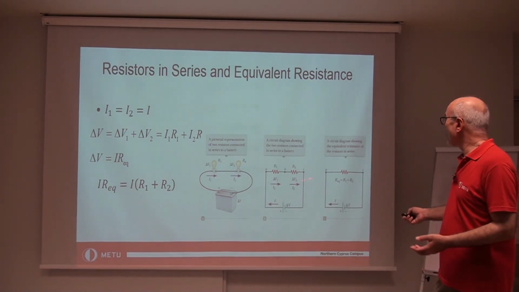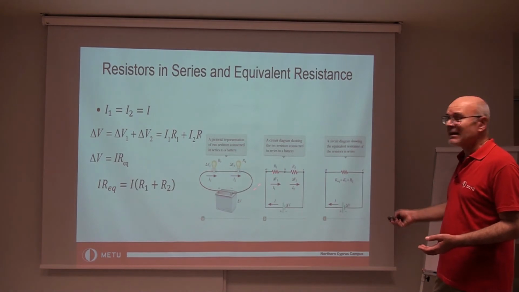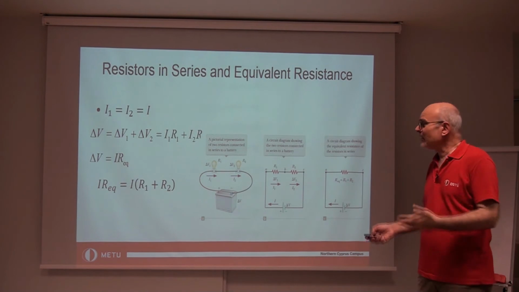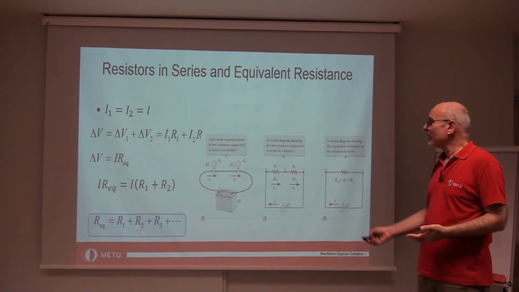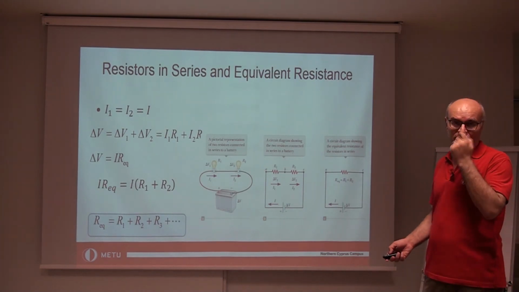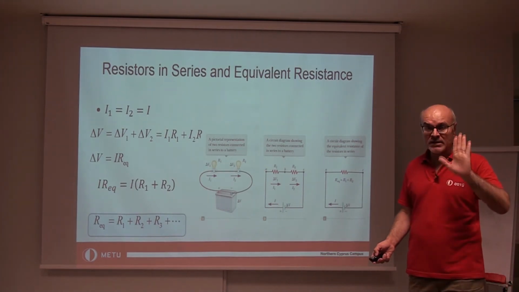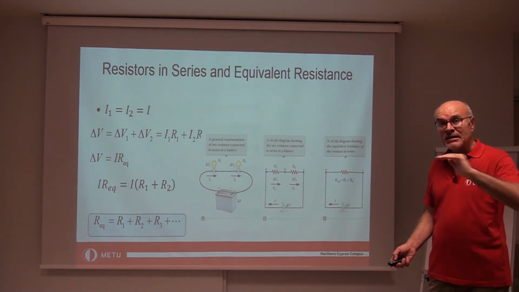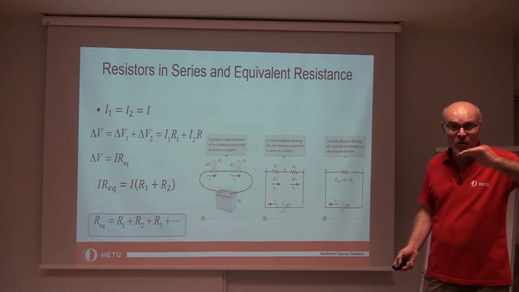Now, if we have more than two resistances connected in series, with the same current passing through them, if you have n of them, then their equivalent resistance will be just the sum of all of these resistances. Remember, series connection means the same current is passing through all these resistances.